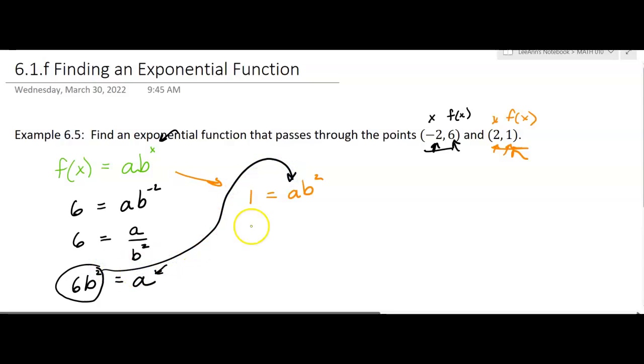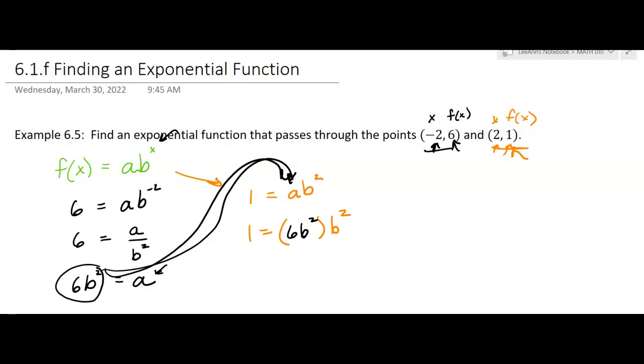So 1 equals something times b squared, and the a is 6b squared. So I'm substituting that 6b squared in for just the a. Now we can simplify that and say 1 equals 6b to the 4th.